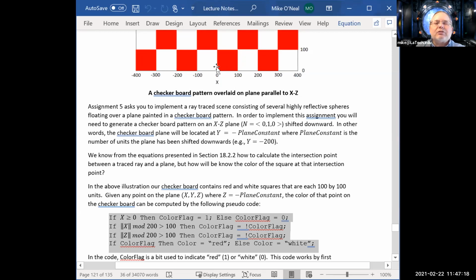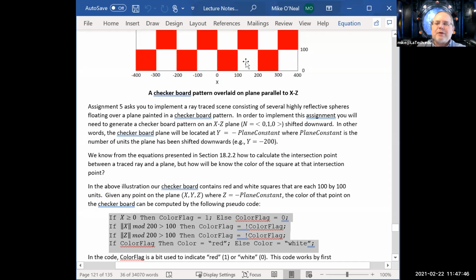Let's just say I've got a number like 50. 50 is greater than 0, so the color flag is red. I'll be somewhere over in here. If the absolute value of 50, which is 50, mod 200, well, that's just 50. If that's greater than 100, then flip the color flag. Well, it's not greater than 100, so I stay red. But let's say instead of being at 50, I was at 150.